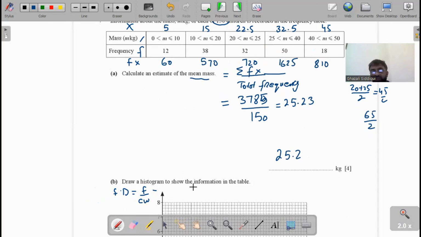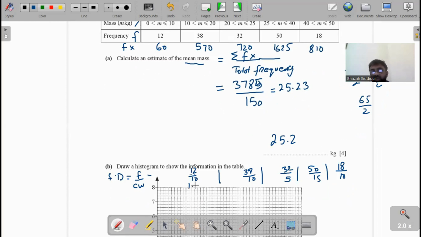So the first value will be 12 over 10, and the second value is 38 over 10, the third value will be 32 over 5, the fourth value is equal to 50 over 15, and the last value is equal to 18 over 10.